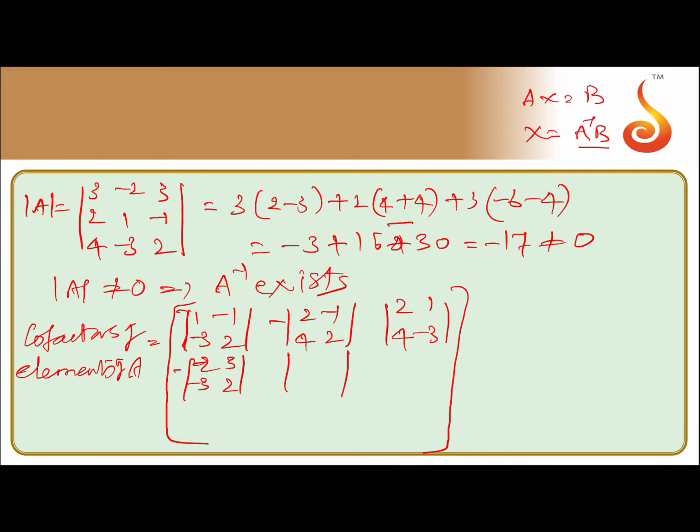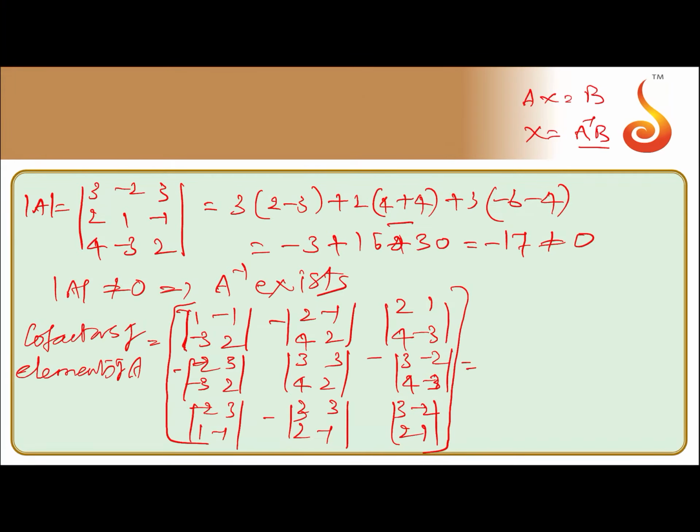And the next one, 3, 3, 4, 2. Next one with the minus sign, 3 minus 2, 4 minus 3. And the next cofactor minus 2, 3, 1 minus 1. Next minus of 2, 3, 3, 2 minus 1. And the next one 3 minus 2, 2, 1.